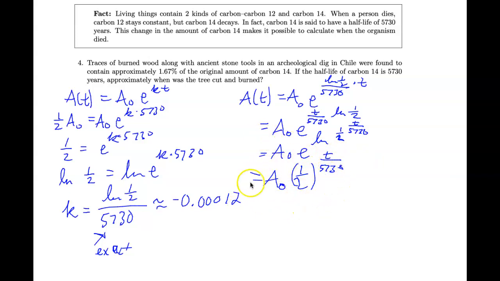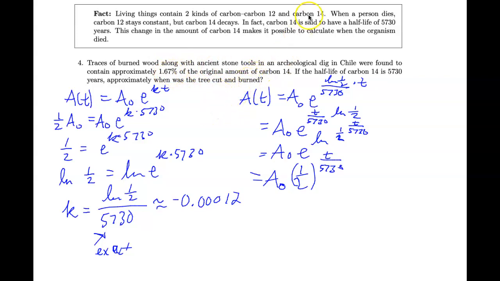So this is our equation that we can now play with to answer the question that was meant to be answered. We're trying to figure out, if the wood in Chile contained approximately 1.67% of the original amount of carbon-14, approximately when was the tree cut and burned. So this 1.67% is of the original amount.